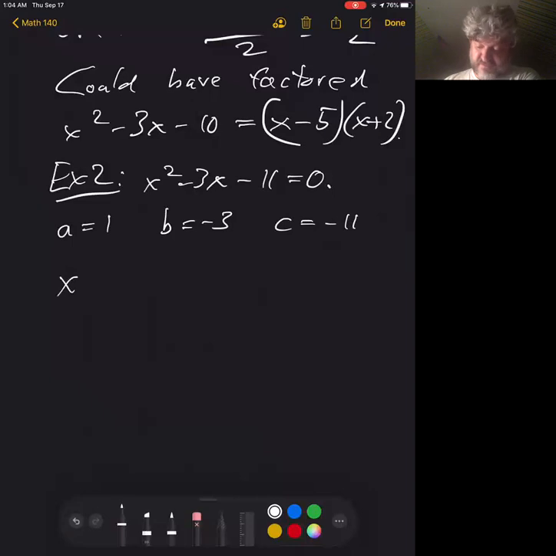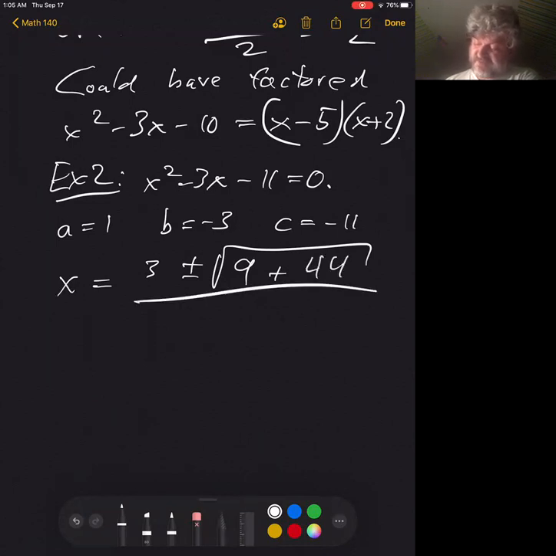And my midnight formula tells me x is 3 plus minus the square root of 9 plus 4 times 11, so plus 44, divided by 2 times 1. That's 3 plus minus the square root of 53, divided by 2, and there's nothing we can simplify here. Just leave it.